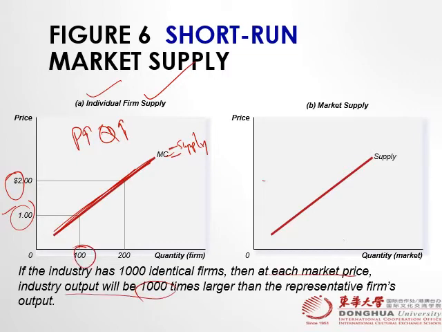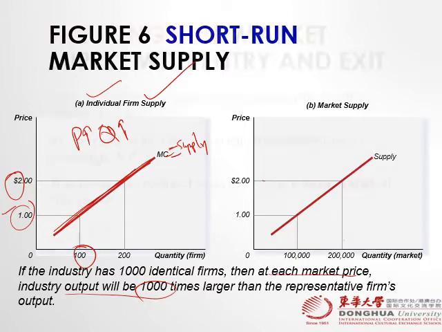So output of 1,000 times the 100 is 100,000, right? And 1,000 times 200 is 200,000, right? So market supply curve is just the addition of all individual supply curves in the short run, right?